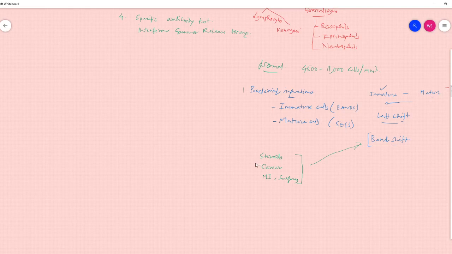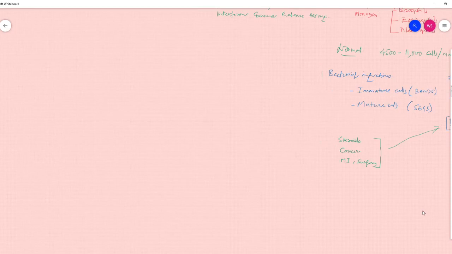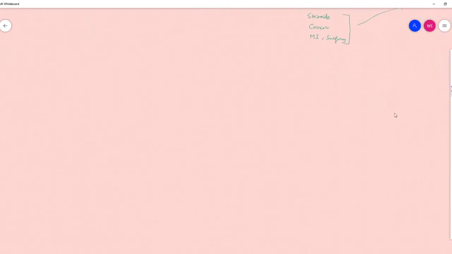Then we have to look at whether the patient is actually showing certain symptoms and signs. What could be the symptoms?